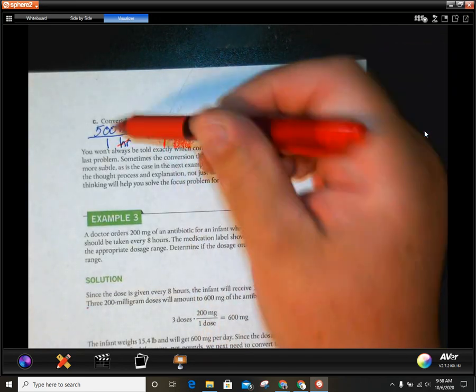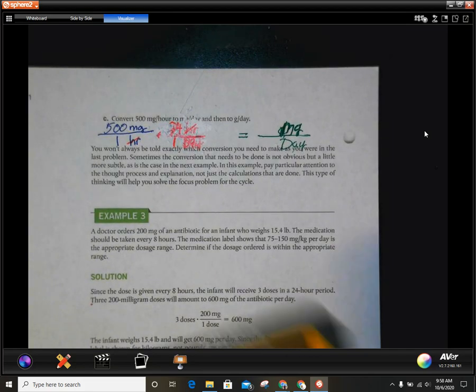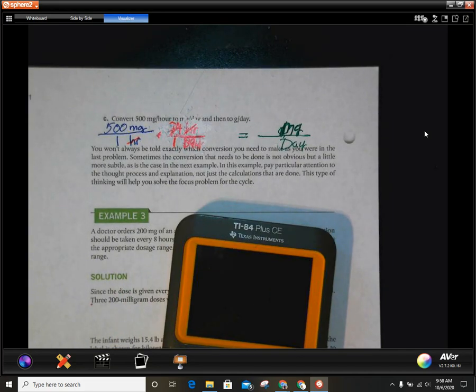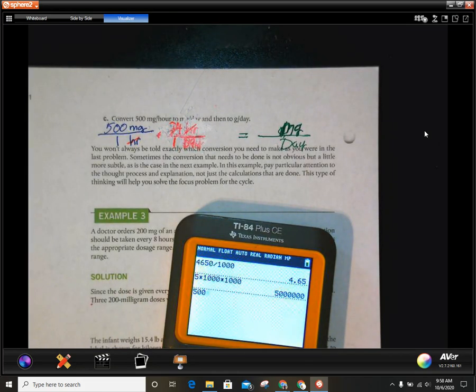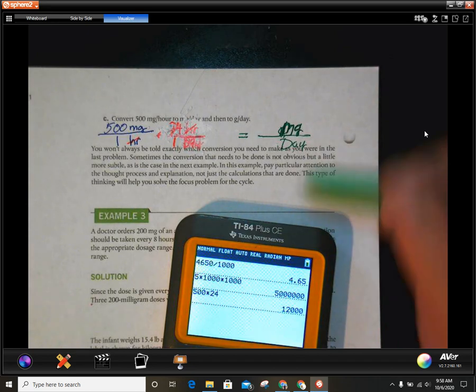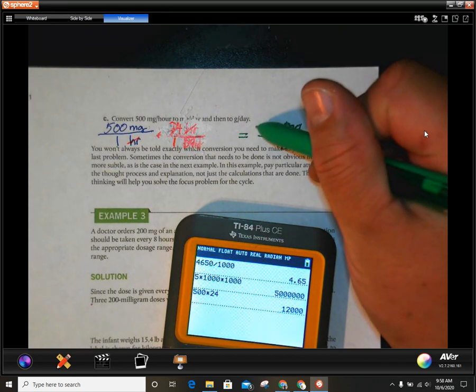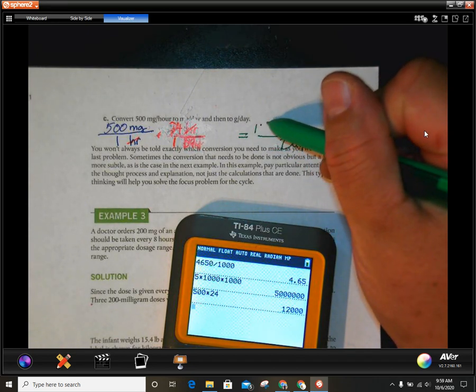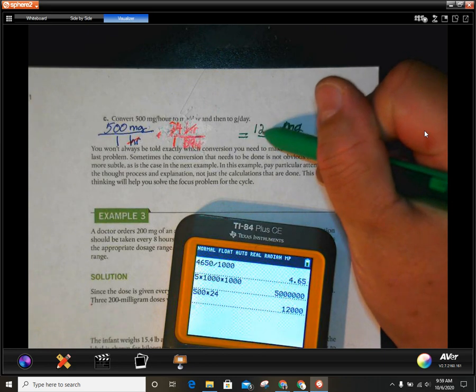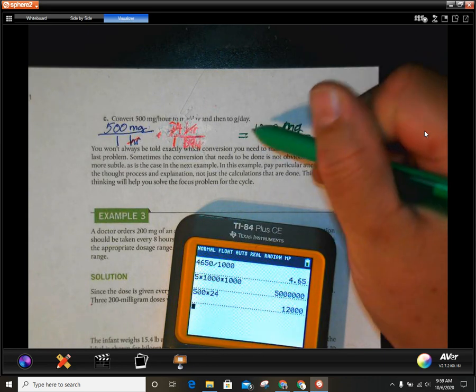And I'm going to take 5 times 24, and I get 120 milligrams per day.